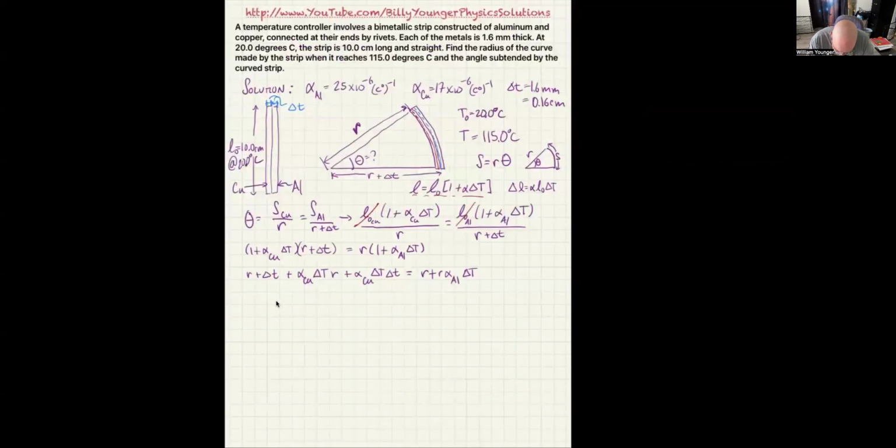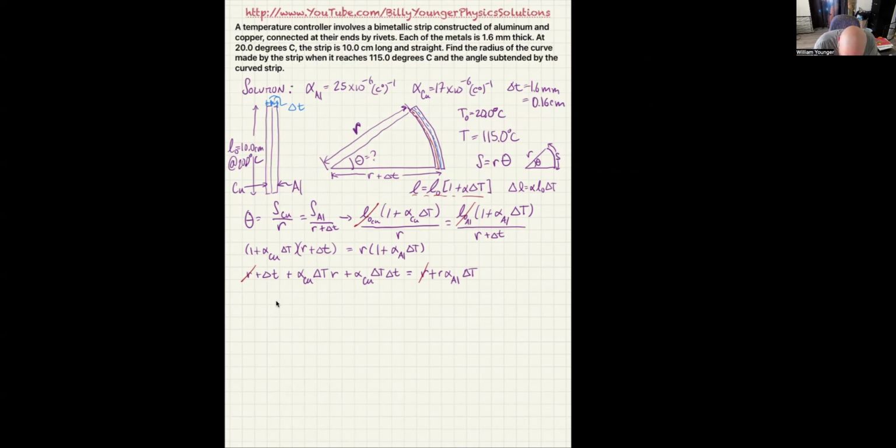So basically what we can see is I can automatically subtract R from both sides, and that gets rid of that leading R. But we can also take the two R terms and leave them on the right-hand side, and that's what I'm going to do right now. And I'm going to put the non-R terms on the left-hand side.